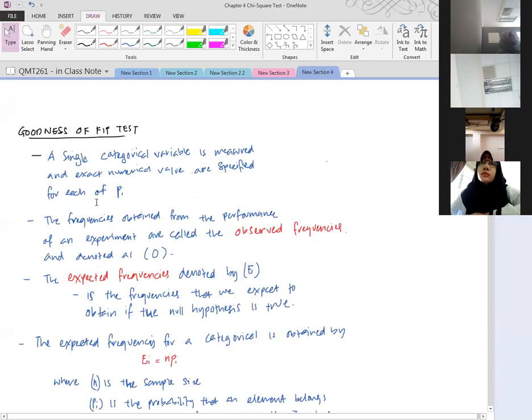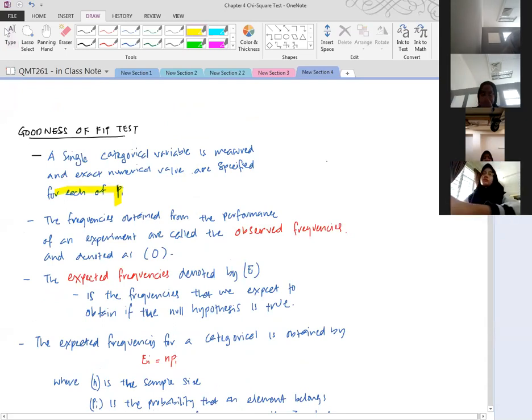Now, the goodness of fit test. This is actually a single categorical variable measured, and the exact numerical values are specified for each p. P means the probability or proportion for each level of the category.